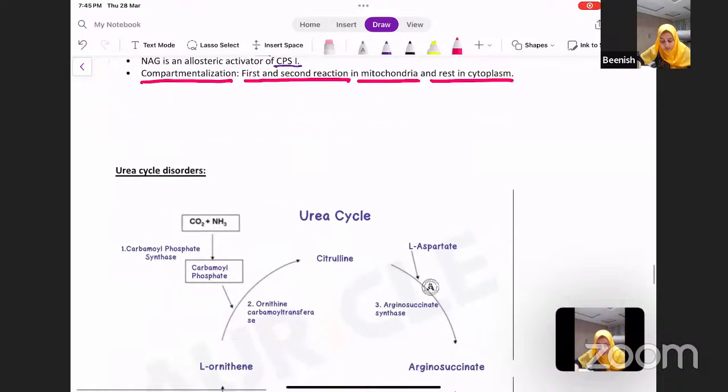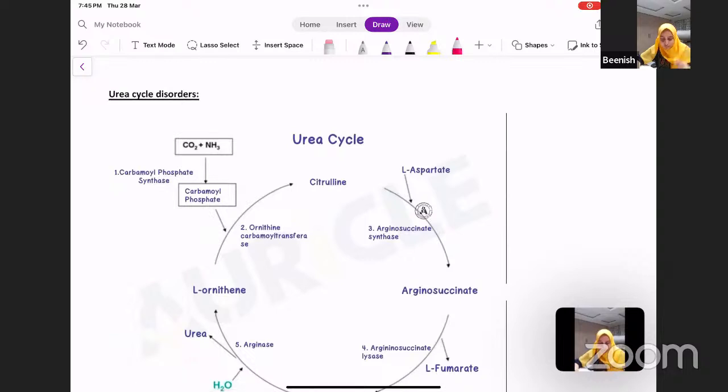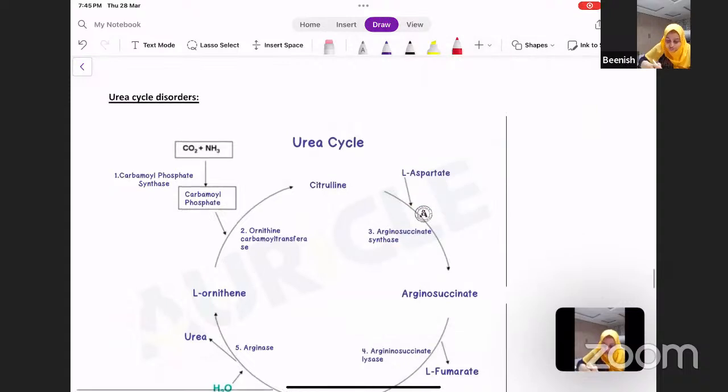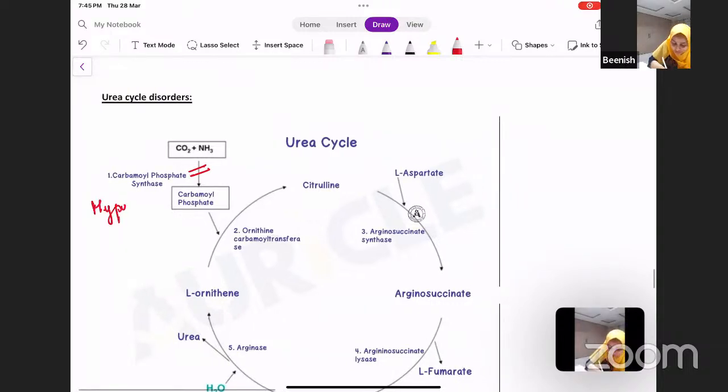Now moving on to the disorders of the urea cycle. These are important. So if there is any defect or deficiency or block in the first enzyme, that is carbamoyl phosphate synthetase, if the block is at this level, it causes what? Hyperammonemia, and it is of type 1.